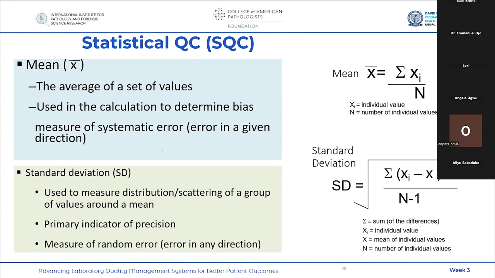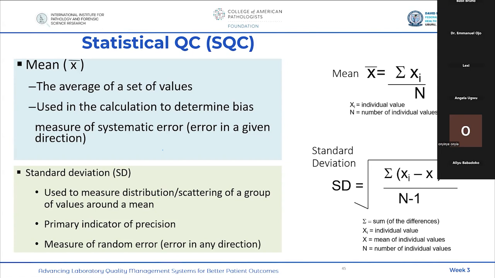Standard deviation is used to measure the distribution or scattering of a group of values around a mean. It is a primary indicator of precision. When we talk about reliability, there is accuracy and there is precision.